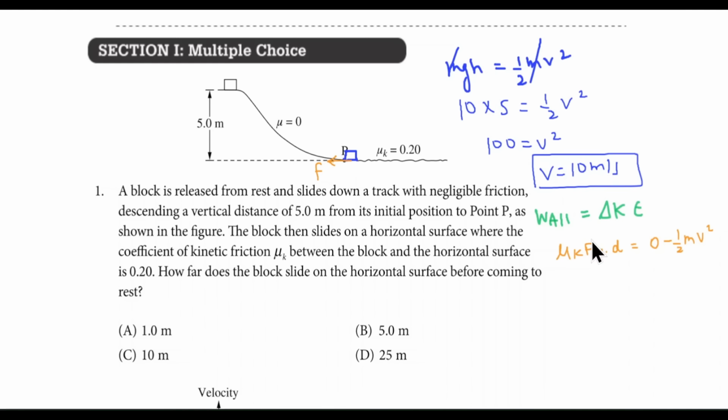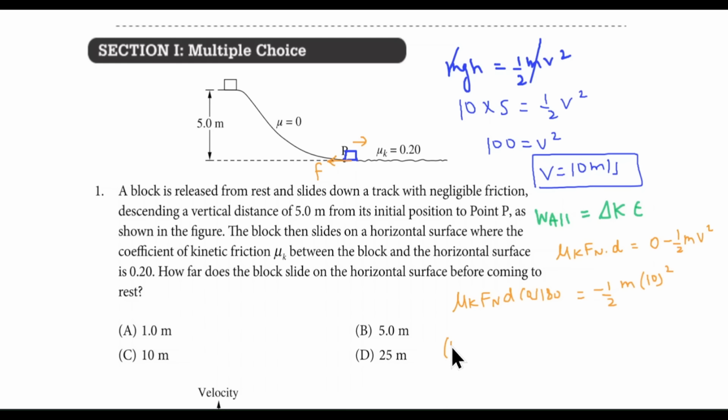This is a dot product, by the way, and the angle between friction and displacement is 180 degrees. So we're going to write this as mu k Fn times displacement times cos 180, and cos 180 is just -1, equal to negative half m v square, where m is not given to us, neither do we need it, and v square is just 10 square.